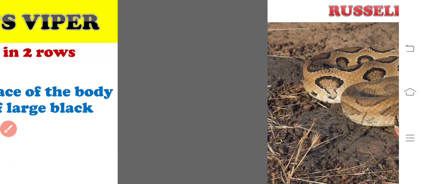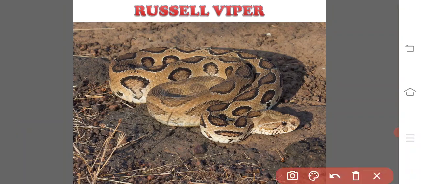Here you can see one row of diamond-shaped patches forming a line, and on this side another line, and on this side another line. So there are three lines of diamond-shaped patches, hence it is known as the chain viper. Russell's viper is also known as chain viper.